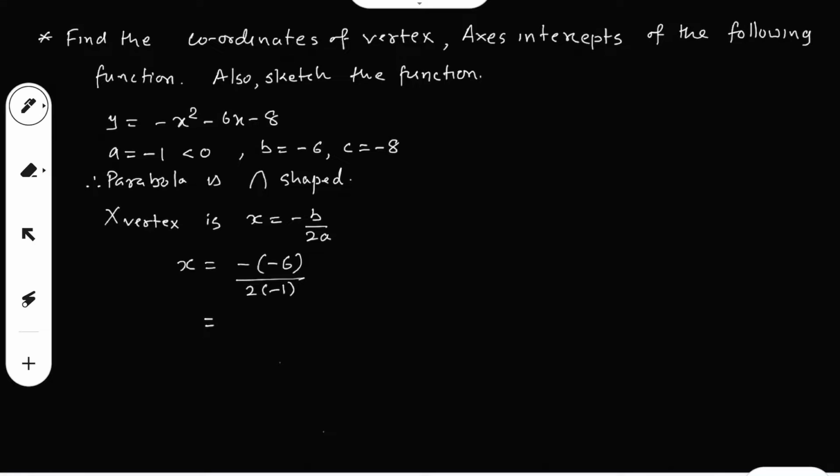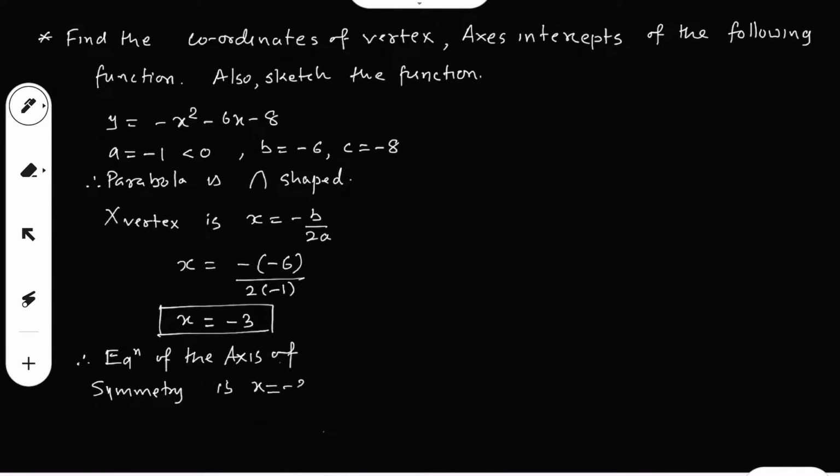So that becomes 6 divided by minus 2, that is minus 3. Now remember that this is also going to be the equation of the axis of symmetry. Now we got this. This will be useful while making the graph.